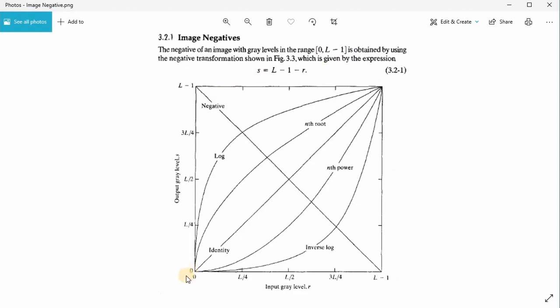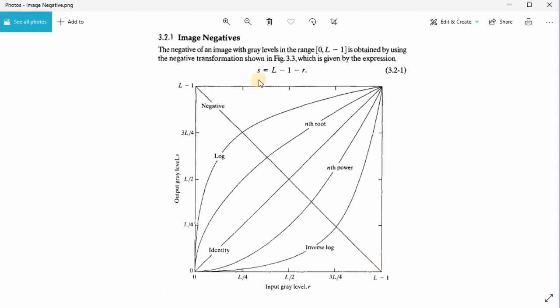In the original image, if the pixel value is 0, then the corresponding output pixel of the image negative must be L minus 1. And when the input pixel value is L minus 1, the output level of the negative image must be 0. This is the basic transformation graph of image negative. So first we shall deal with this.